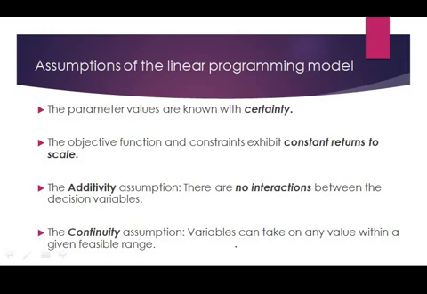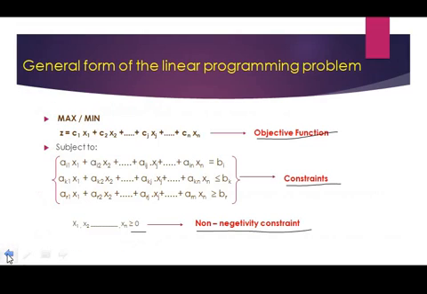Then the continuity assumption says variables can take any value given in the feasible range. See, whenever I consider a variable, it needs to have a domain. So I am specifying the domain here. So domain of the variables is it can be either 0 or greater than 0. It can take any value between 0 and plus infinity.